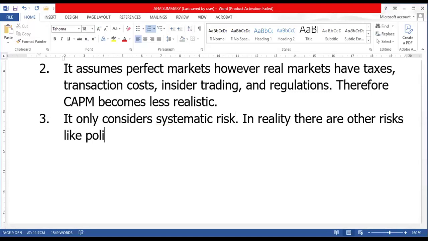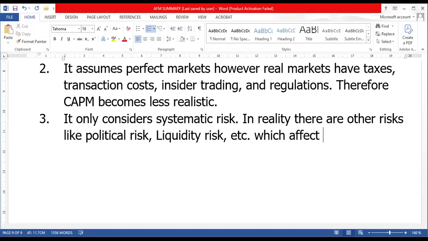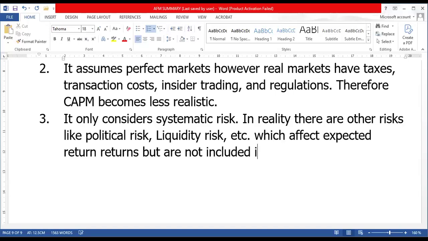Like the political risk, the liquidity risk, the currency risk, and maybe inflation, etc. Other risks which affect the expected returns but are not included in CAPM. So that is another limitation.